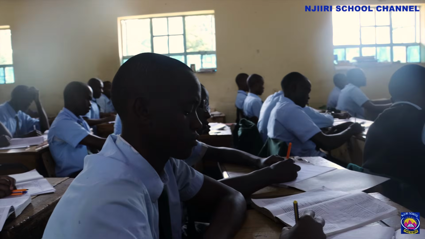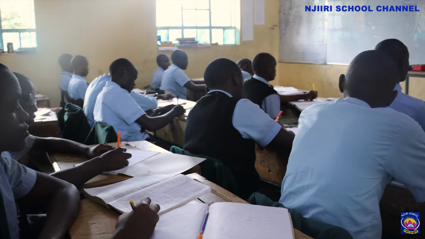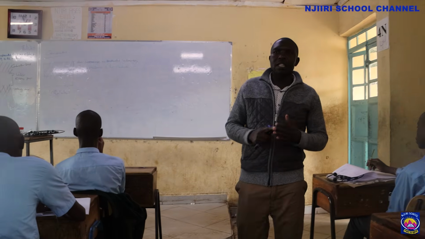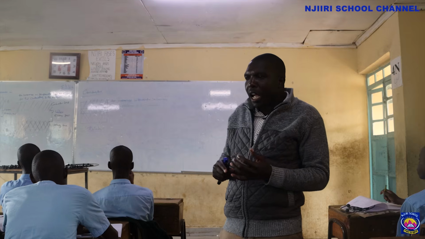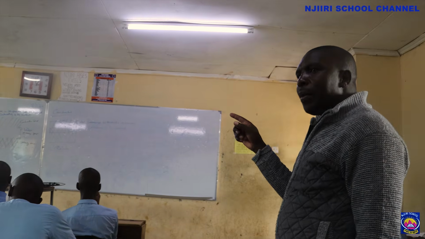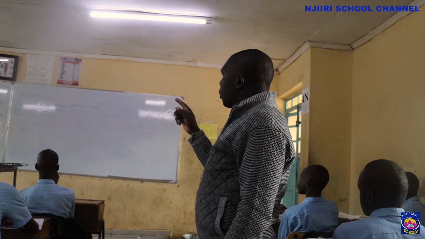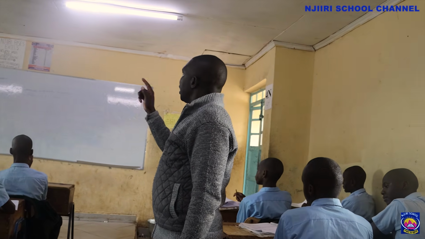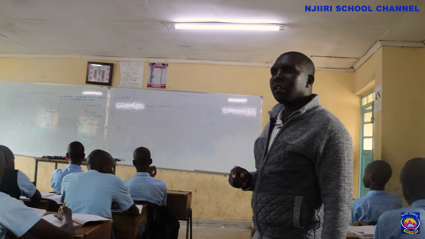So we have looked at the conductors, we have looked at the insulators, and we have already looked at the semiconductors. You can see the common parameter, the physical property that we are considering in these three materials, is the temperature.